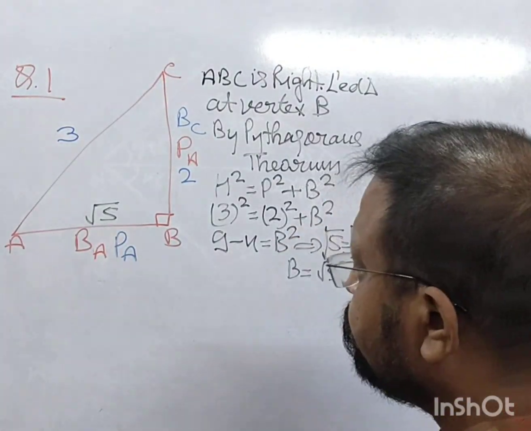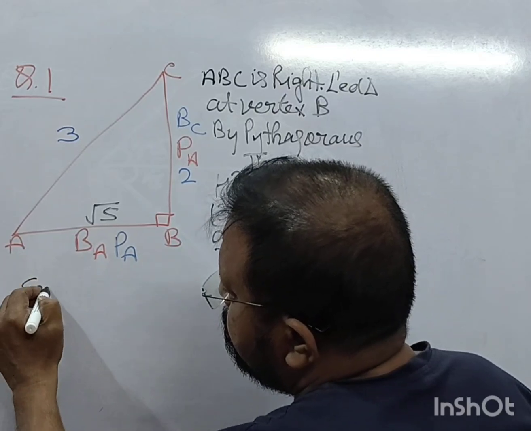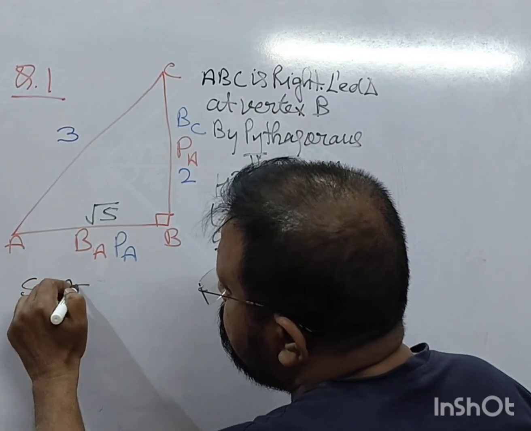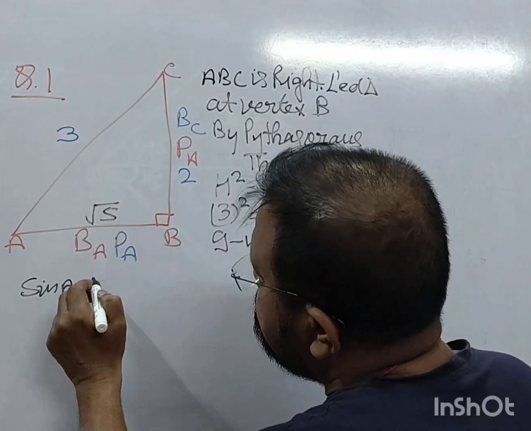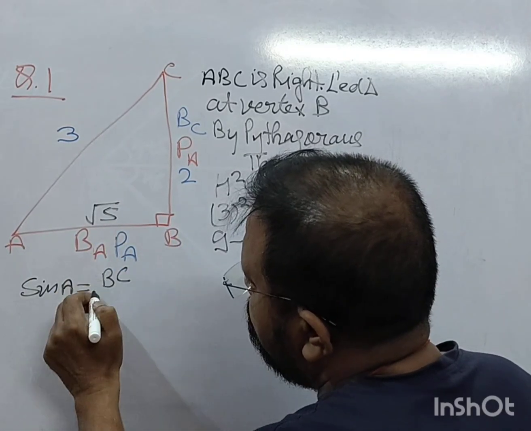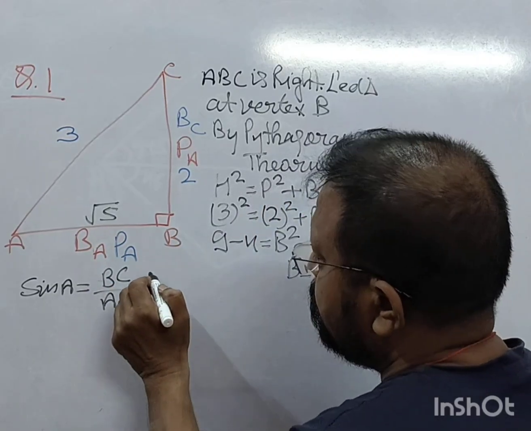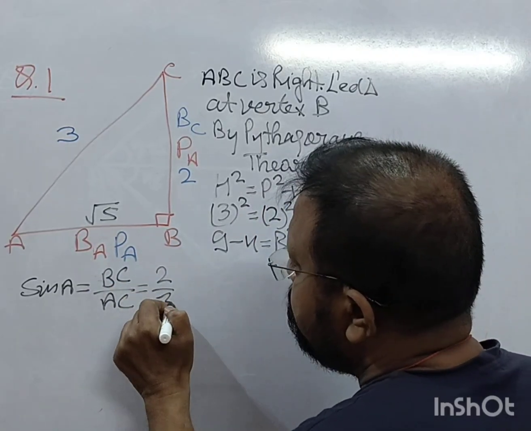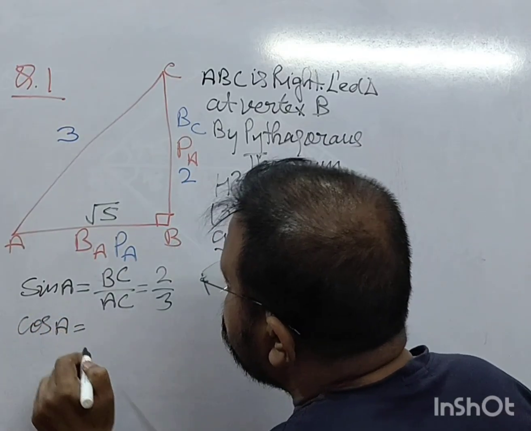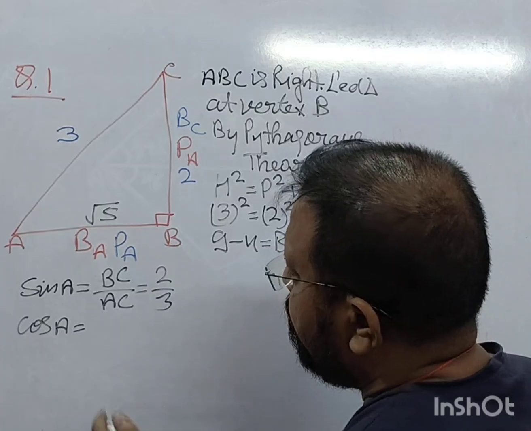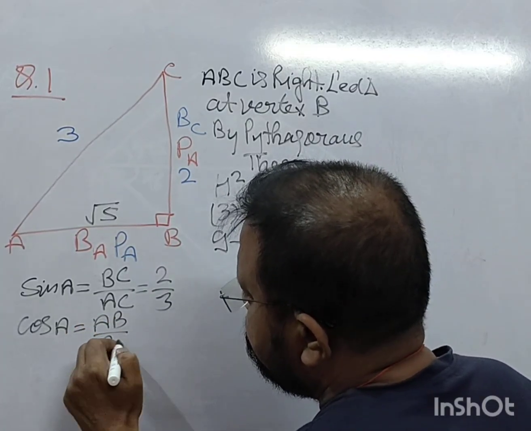Now sin A. Sin A is equal to perpendicular, meaning BC upon AC. It means 2/3. Cos A is equal to AB upon AC.